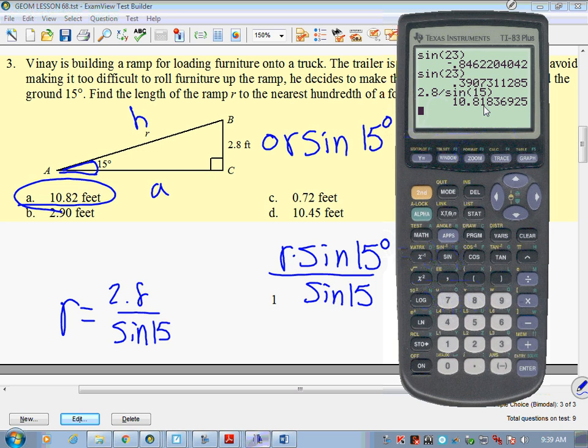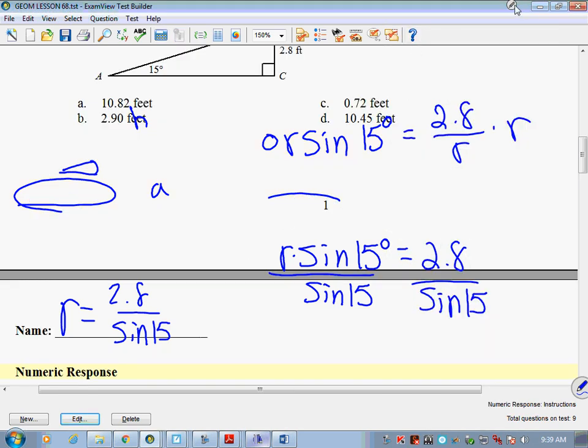Now the other thing that we should understand is that it's the hypotenuse, so it has to be longer than 2.8, right? So I should have known right off the bat it wasn't going to be C. The rest of them, maybe. But do we understand how to do this question now? Hopefully. Let's clear this guy out.